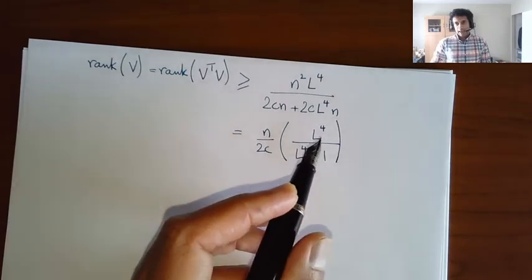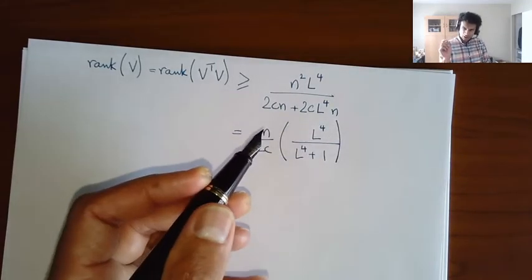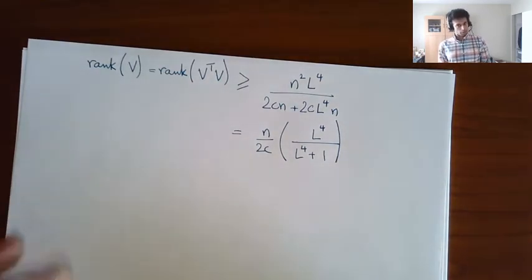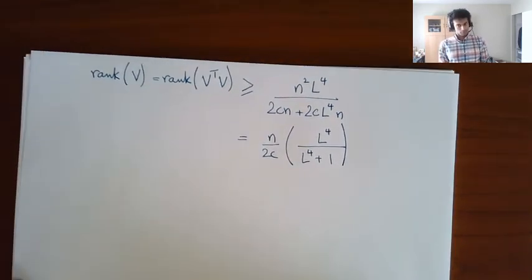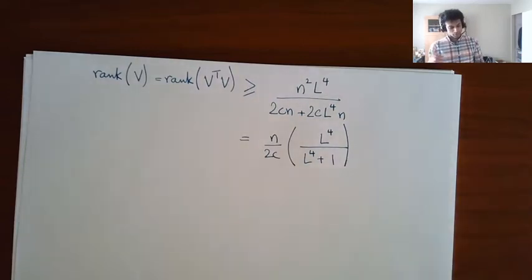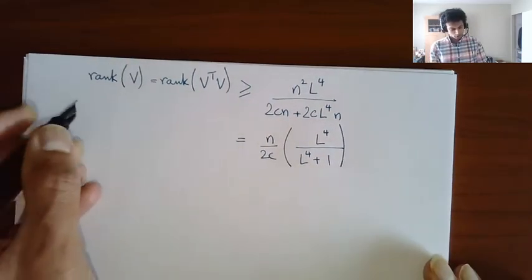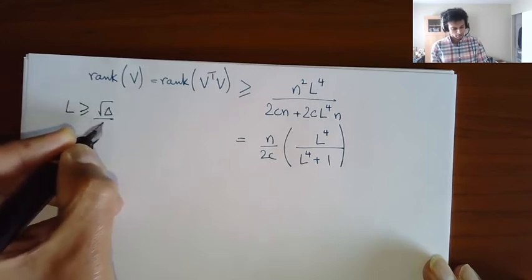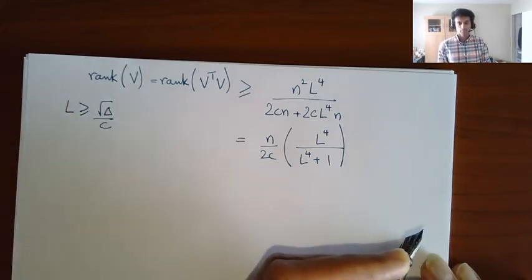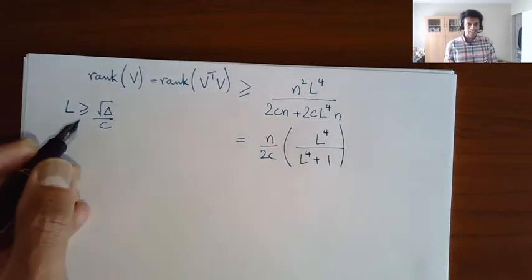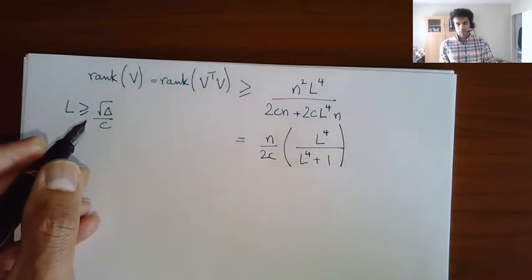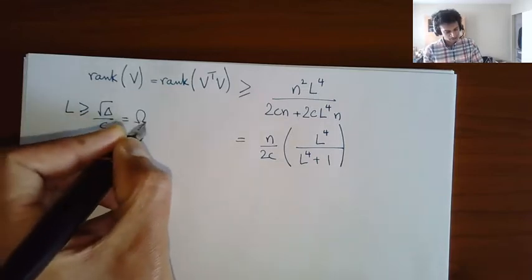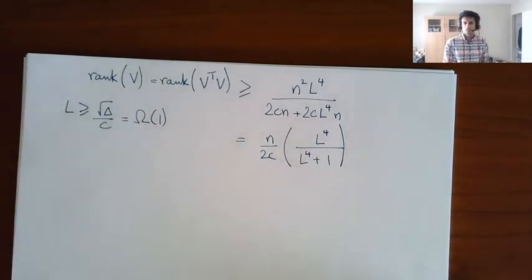Now note that if L to the fourth was extremely small, I wouldn't get any useful lower bound here. But remember, I proved because of the triangle condition that L was greater than root delta by C. So L is at least a constant.